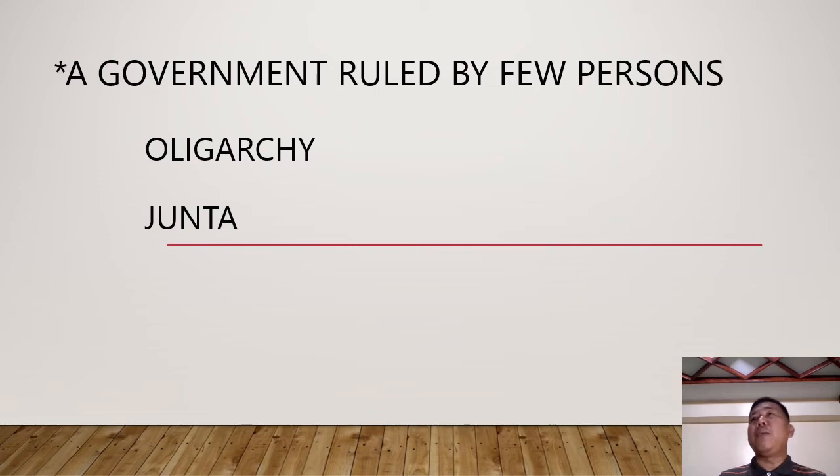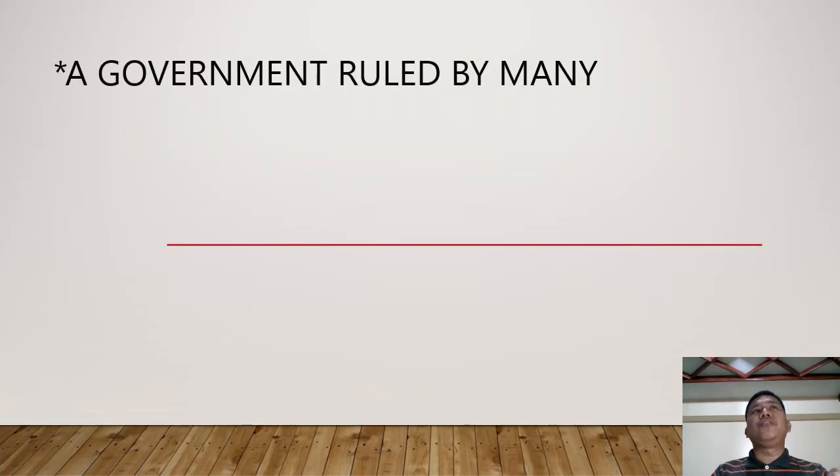But if they were able to overthrow the government, they run the government, then they are few, but they are powerful few. That's the military junta. And of course, we have a government ruled by many.